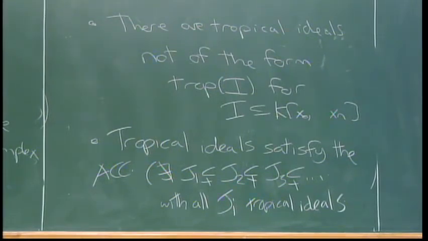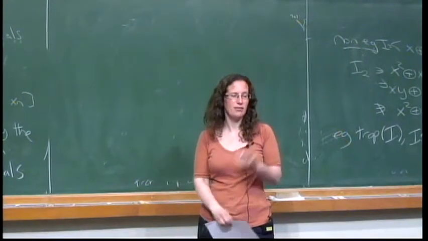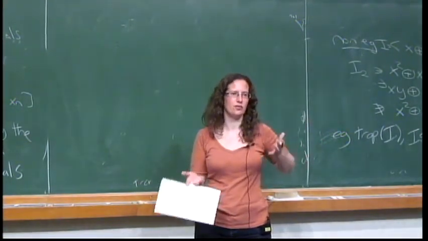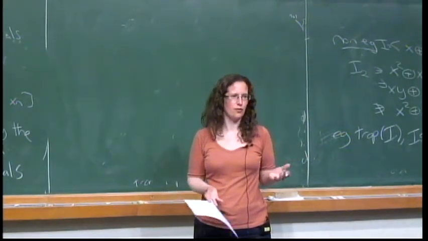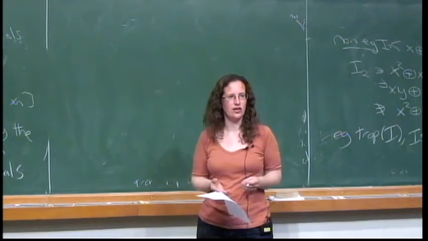Question: if you have a set of generators, can you talk about the smallest tropical ideal containing them? Yeah, so there's a problem. This comes down to a matroid question: if I give you some dependent sets for a matroid, can you fill it in? And in general, this is not unique.